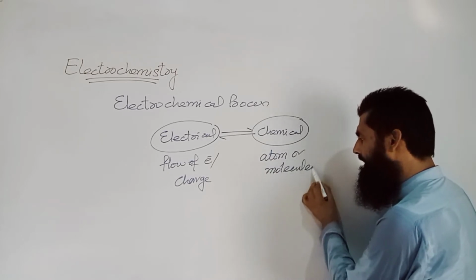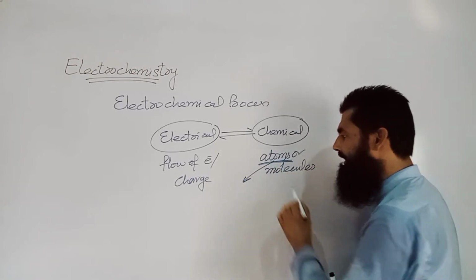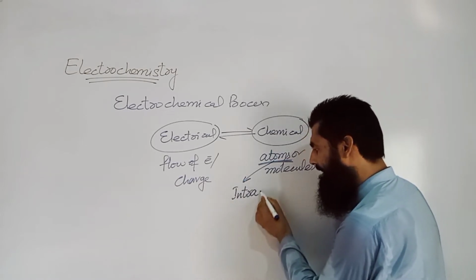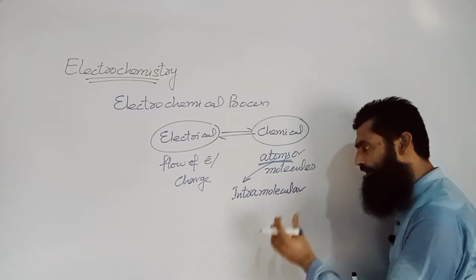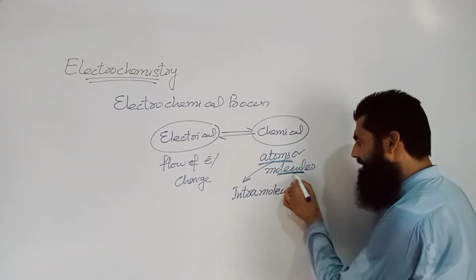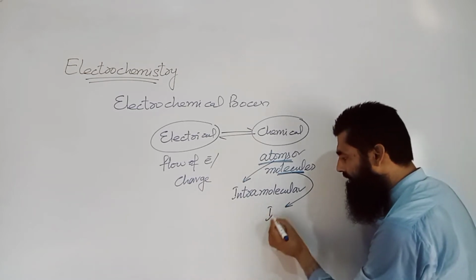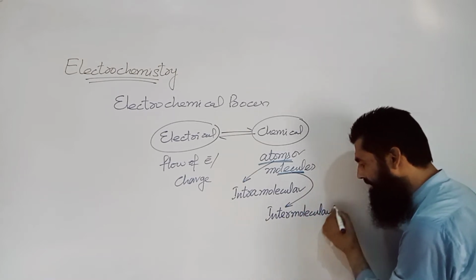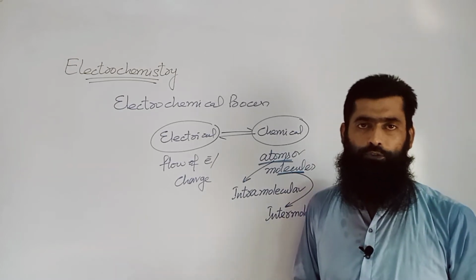Atoms combine with each other by means of intramolecular forces, such as the ionic bond and the covalent bond. Whereas molecules hold with each other in the presence of intermolecular forces, such as dipole-dipole forces, hydrogen bonding or London dispersion forces.